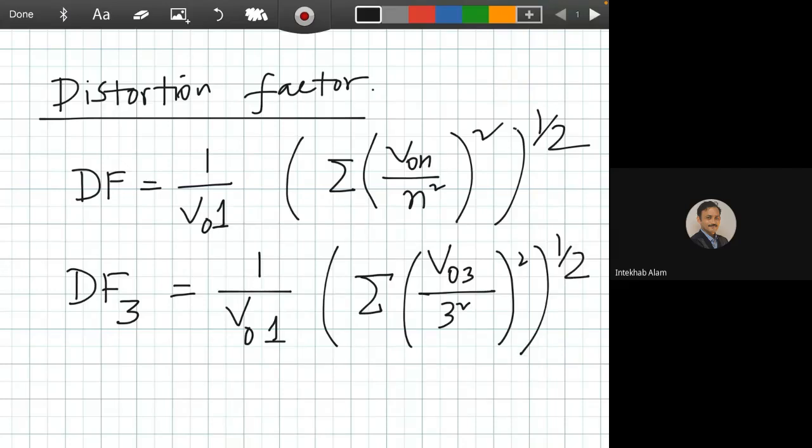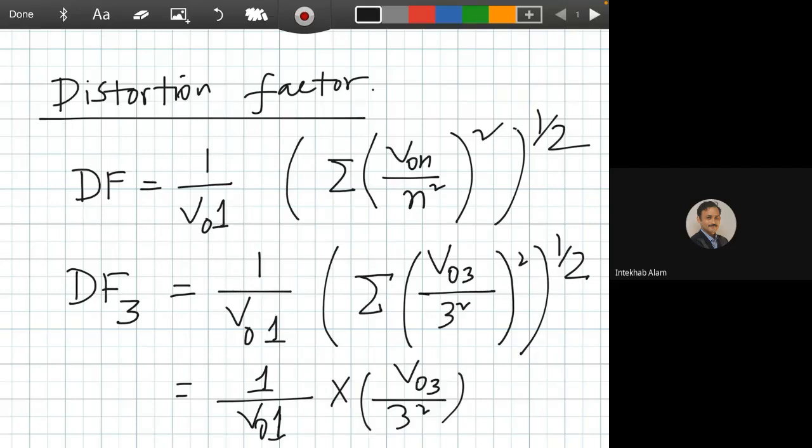What does it mean? It means VO1 multiplied by VO3 divided by 3 square.